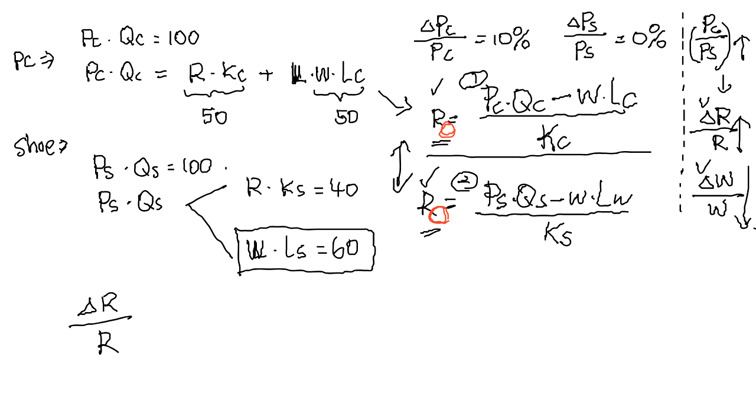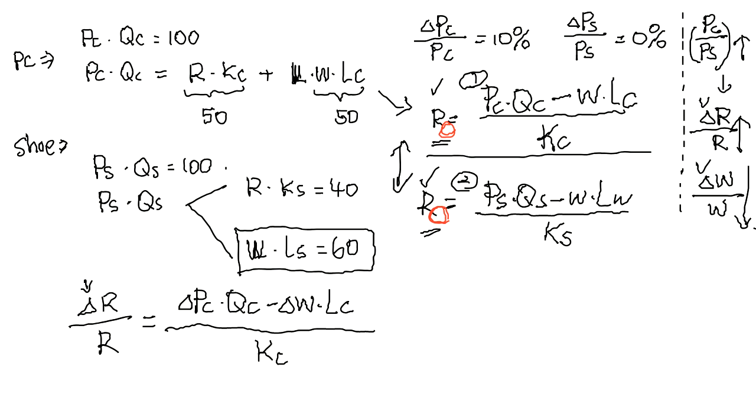If you have a delta here, it means you look at the change in price for each of the terms. Basically, we use the similar logic as in the specific factor model. So now I have a delta here, I have a delta here, all in the price term. But I divided by R in the denominator on the left-hand side, so I need to divide by R on the right-hand side as well.